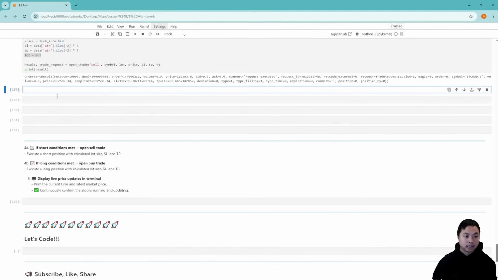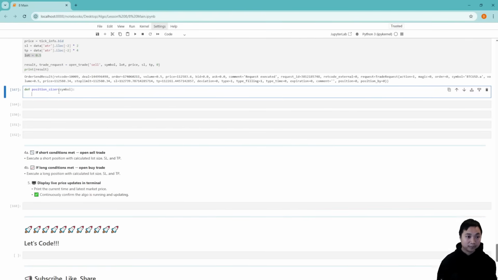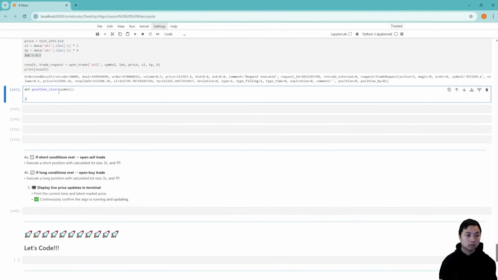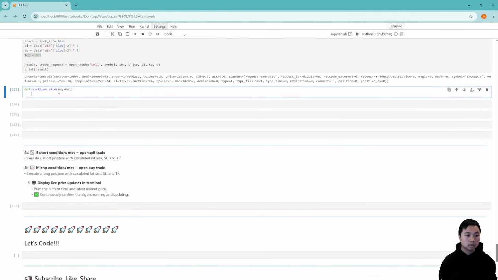First, we define a function here for position sizing to calculate the lot. First thing that I would like to get is the symbol information.